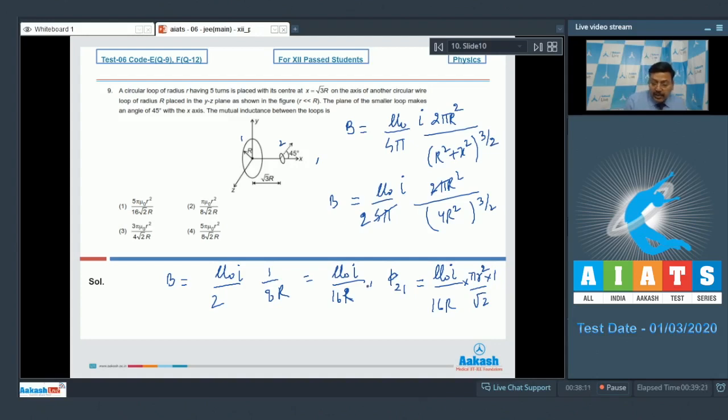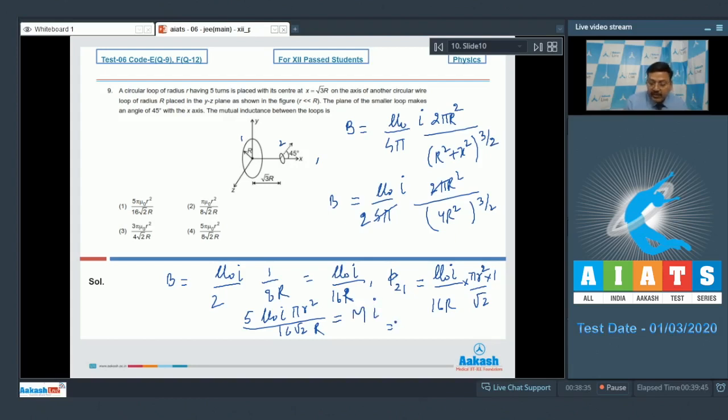So the total flux linked with the second one would become 5 times mu naught I pi r square divided by 16 root 2 capital R, and we can say this is equal to the coefficient of mutual inductance M into I, the current in the first one.